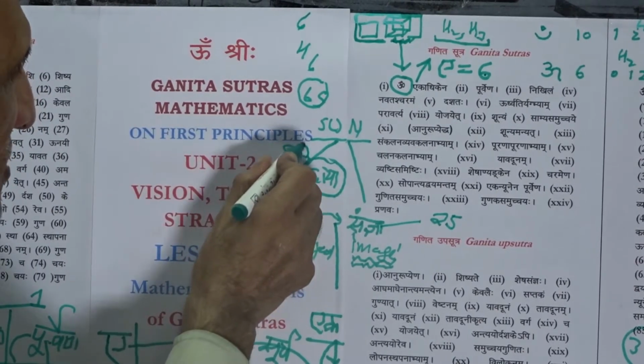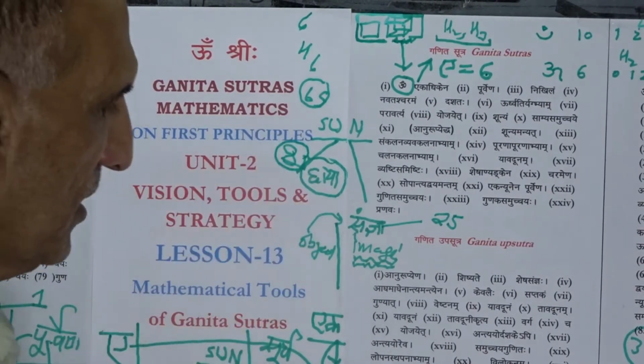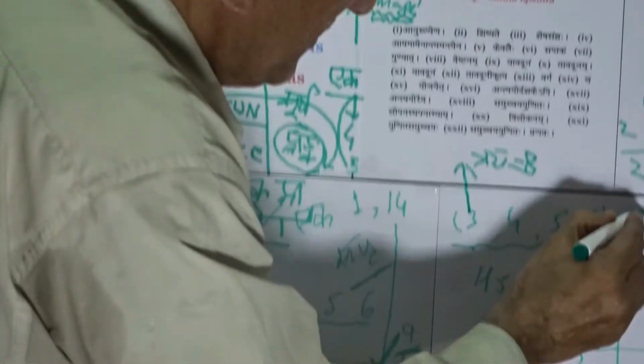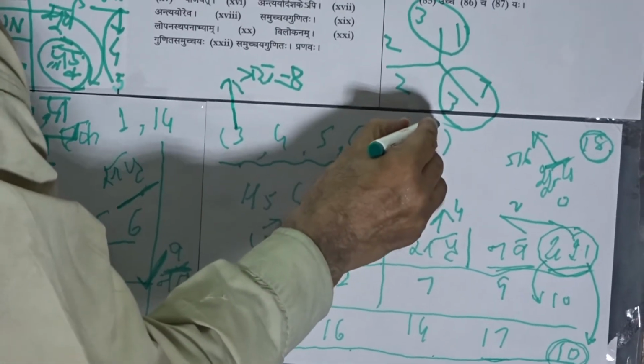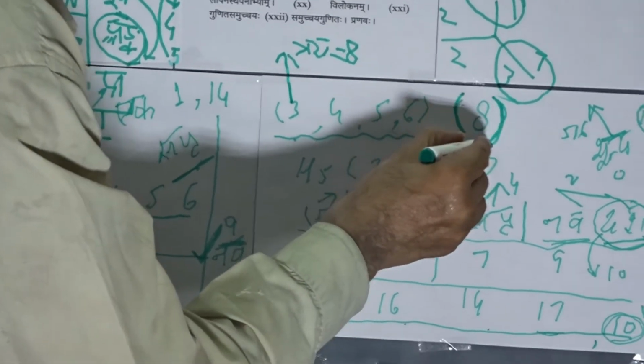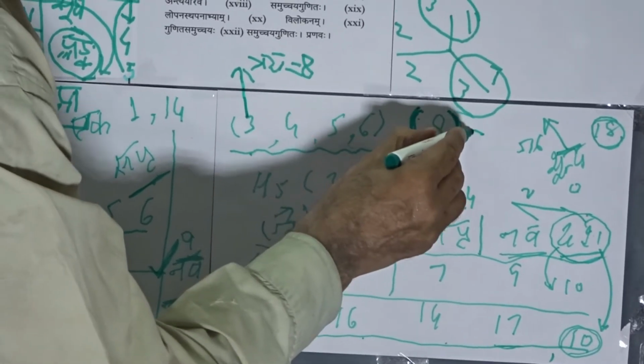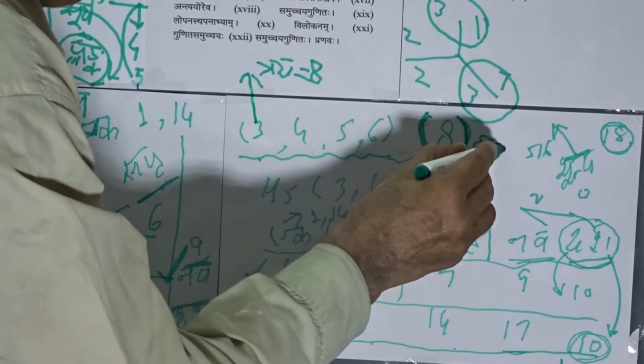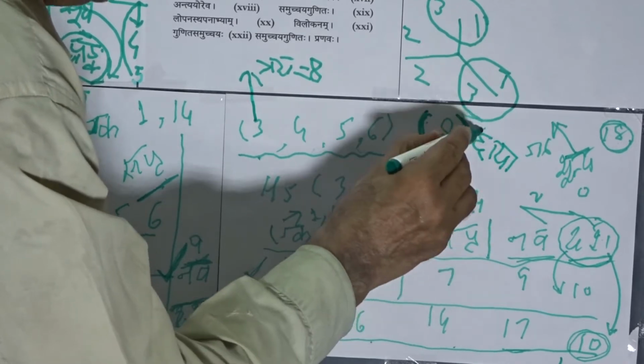Now value 8, we know, remains in unmanifest form. It is a Chaya. It is the second wife of Sun, Surya.